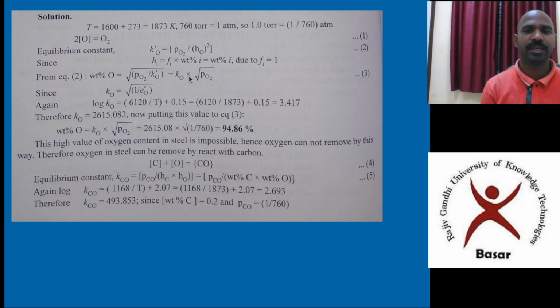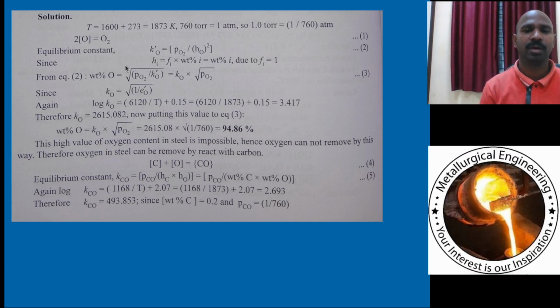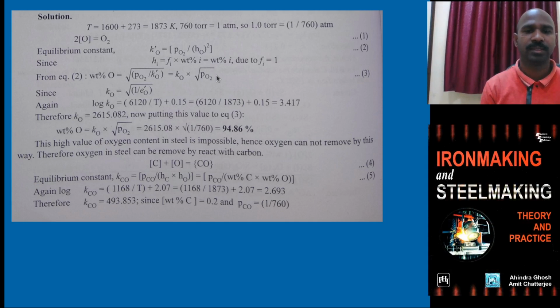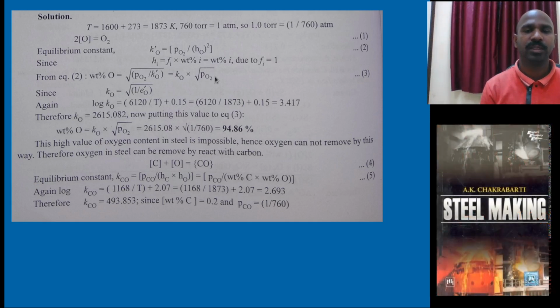It is equal to weight percentage i because, with respect to oxygen gas, since it is a single elemental form, f of i is equal to 1. This point one needs to remember. And even for carbon, as well as oxygen, it is equal to 1. Now you just substitute this particular form, and instead of i, substitute O.